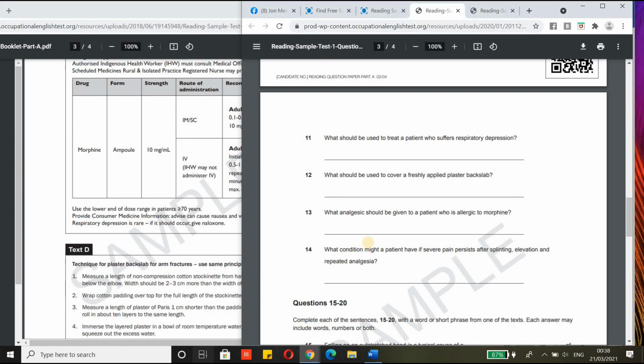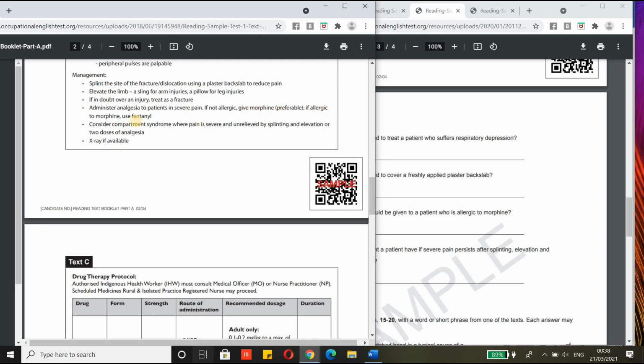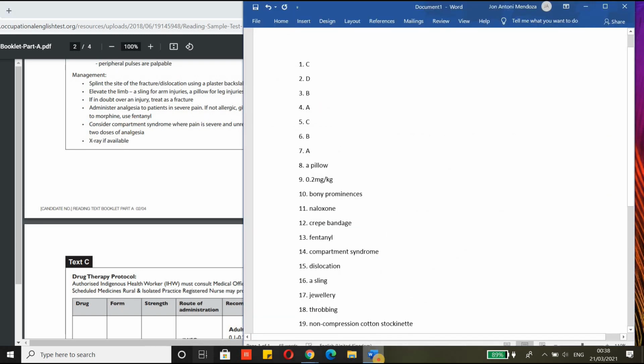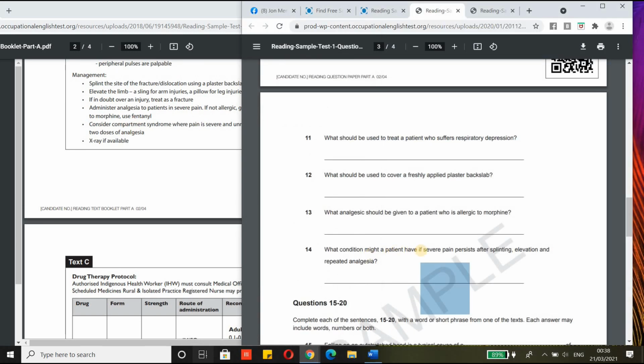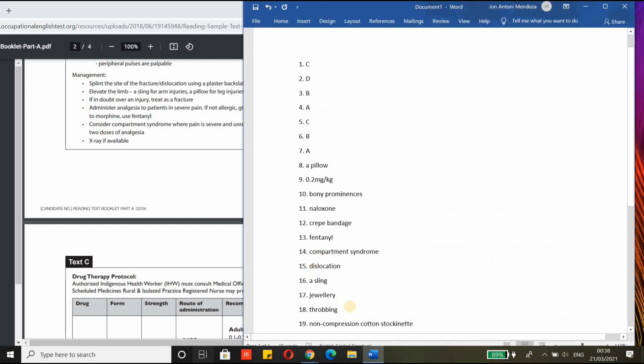13. What analgesic should be given to a patient who's allergic to morphine? Morphine allergy somewhere here. Fentanyl. Yep. What condition might a patient have if severe pain persists after splinting, elevation and analgesia? Compartment syndrome. Yep.